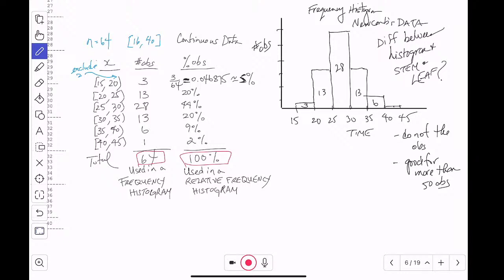All right, so what about the relative frequency histogram? What is that going to look like? Well, looking at the values, it's going to have the same pattern, right? Because even though these are different numbers, it will have roughly the same pattern, won't it?